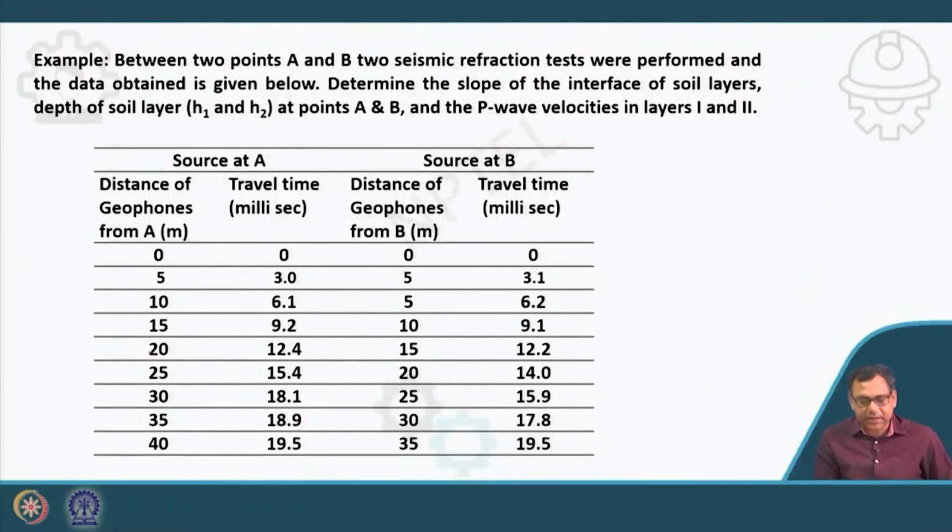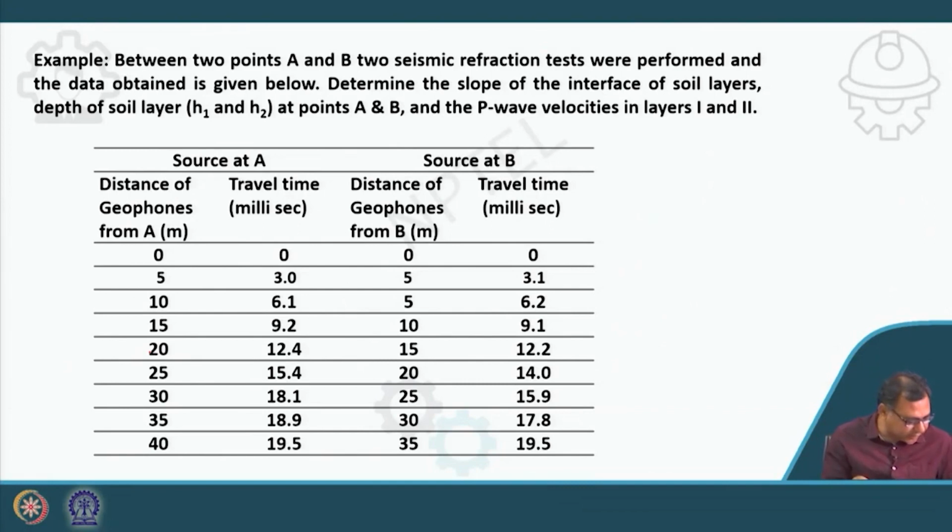Now the next example: between 2 points A and B, 2 seismic refraction tests were performed, and the data obtained is given below. Determine the slope of the interface of soil layers, depths of soil layers H1, H2, which I have given as Z dash, Z double dash.